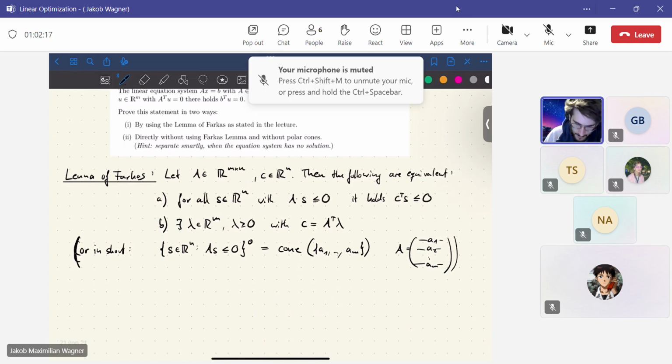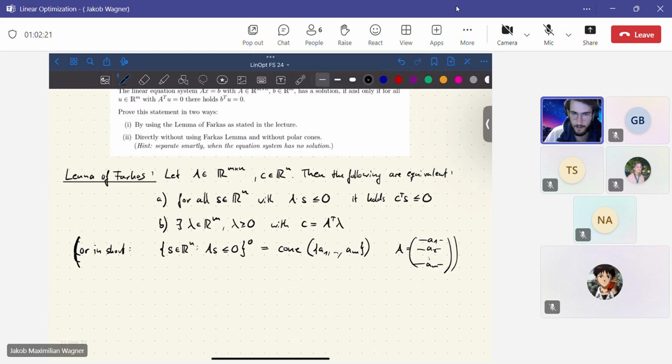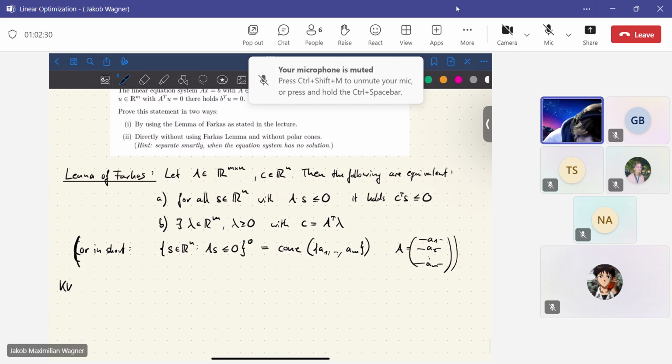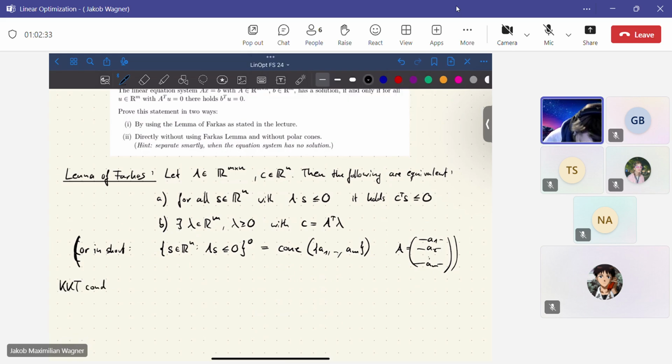And with this, we immediately get the most important tool in characterizing optimality for our linear optimization problems, which are the KKT conditions or Karush-Kuhn-Tucker conditions, which say that some point x bar in R^n is a solution of the following minimization problem.